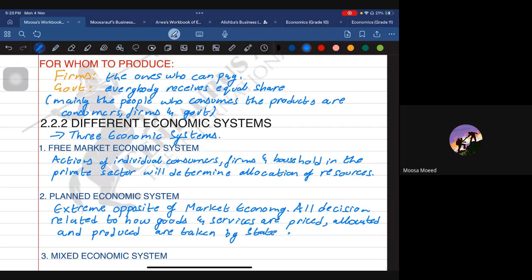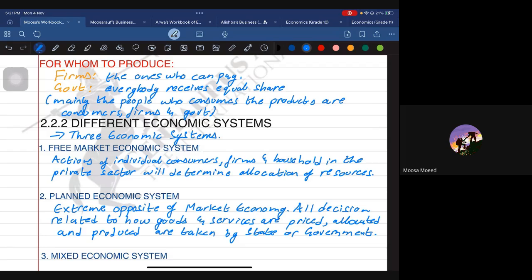state or government. So here the complete control, just like in free market economy the almost complete control is in the hands of the private sector, here the complete control is with the state or the government. Government is going to decide what to produce. Government is usually going to produce the goods.